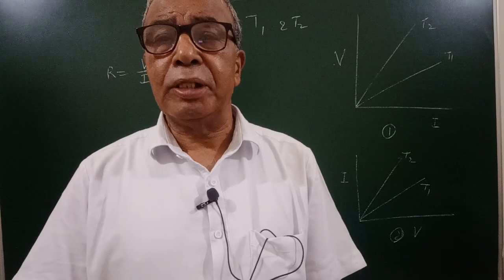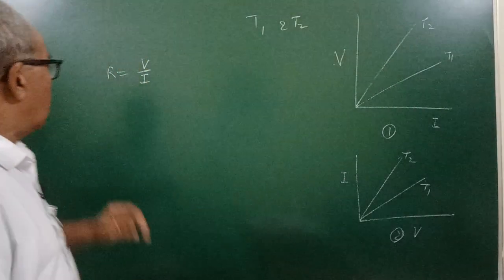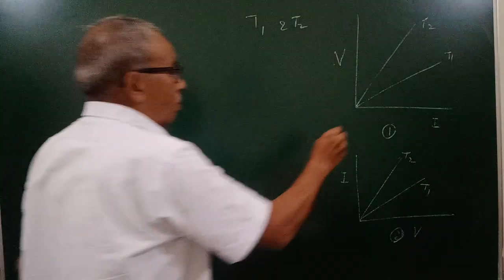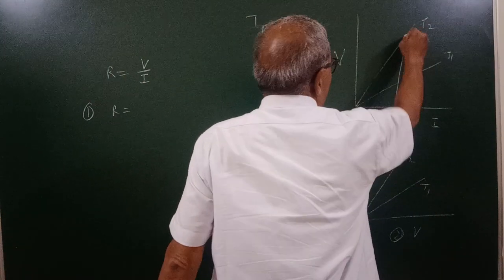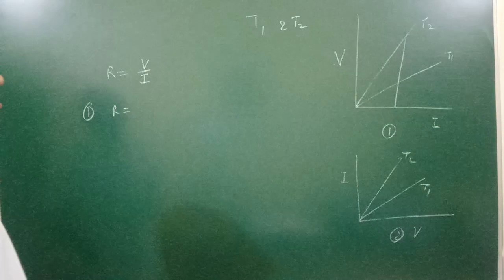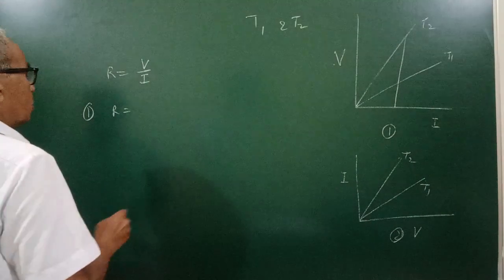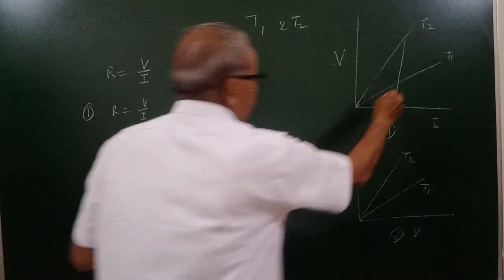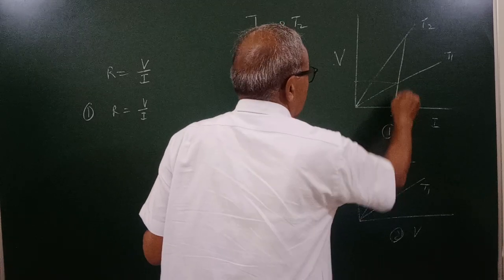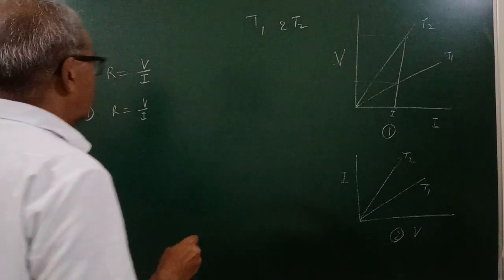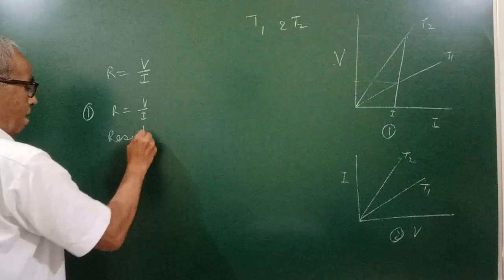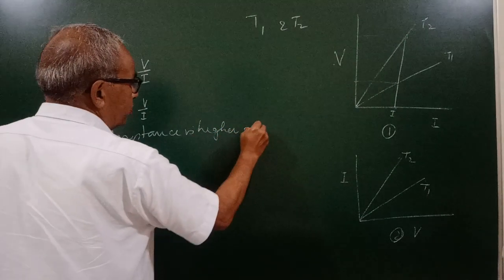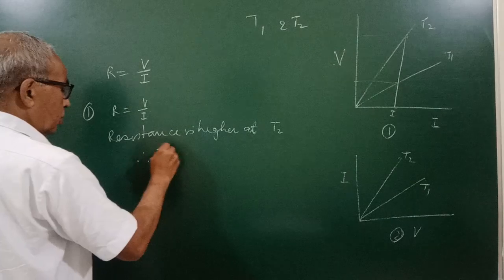Now in figure 1, R equal to V upon I. For the same I, V is larger at T2 than at T1, so it means resistance is higher at T2, hence T2 is greater than T1.